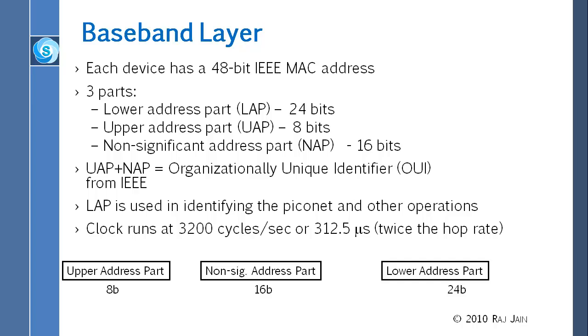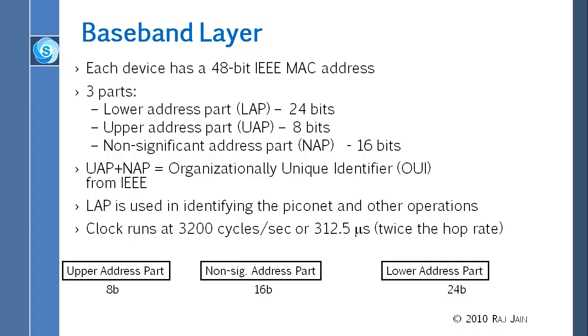That is what is used here in Bluetooth, and this is the part which simply tells me who made the device, right? All right, so the address is divided into 3 parts, and then this 16 plus 24 bit. This is the organizationally unique identifier, OUI. And then the LAP, the lower address part, is used in identifying the piconet and other operations.